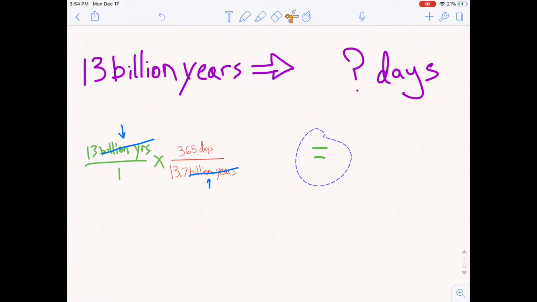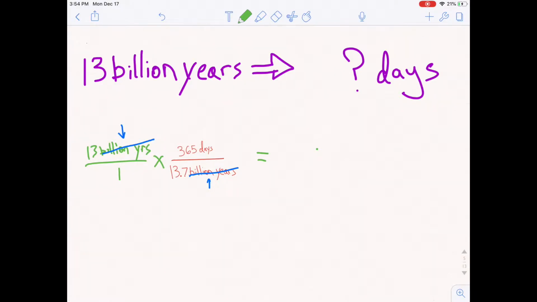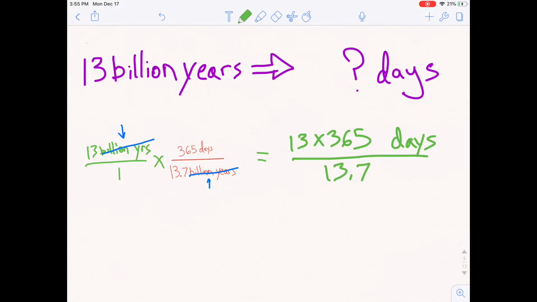What we're left with here is 13 times 365 days, that's also in the numerator, over 13.7.